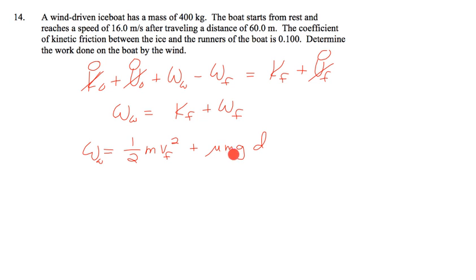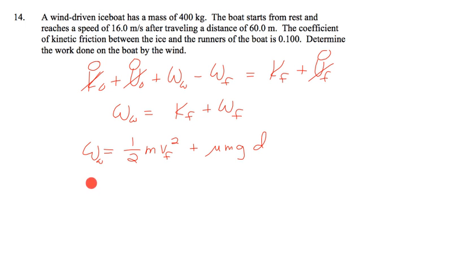Mu mg is the friction, because friction is mu Fn, Fn equals W, W equals mg. Mu mg is your friction times d. And now we have all of the numbers that we can use to solve this problem.